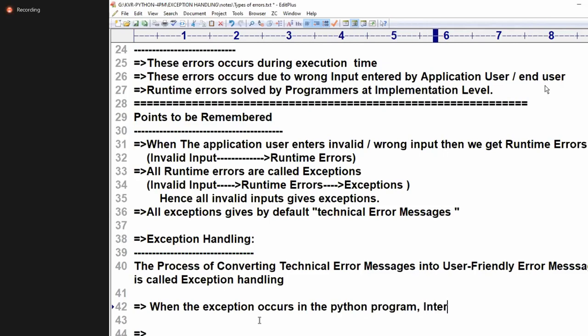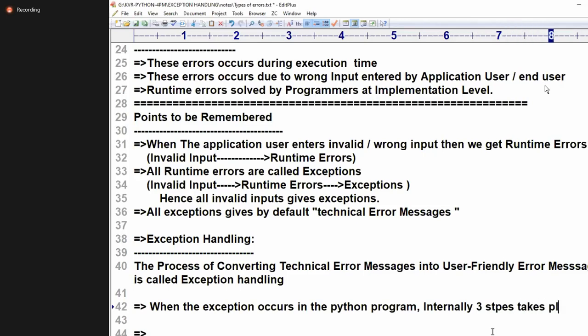This is a very, very critical point. Please follow carefully. If you don't concentrate well on this point, you will have a problem understanding. When the exception occurs in the Python program, internally three steps take place. What are those three steps?